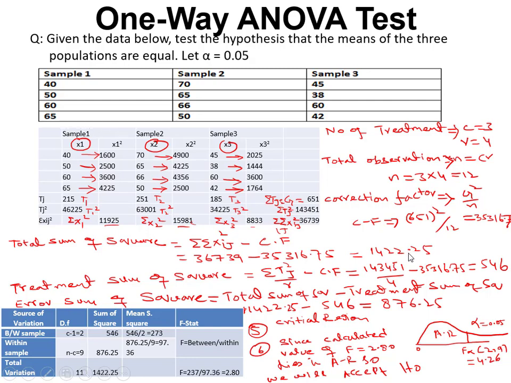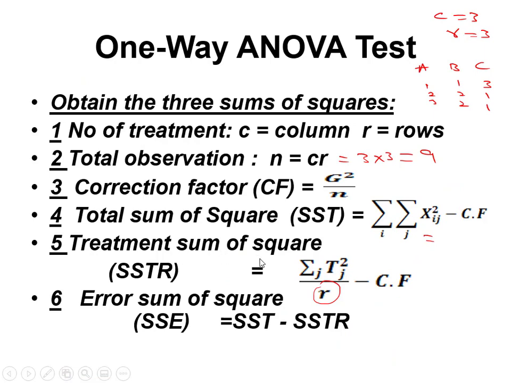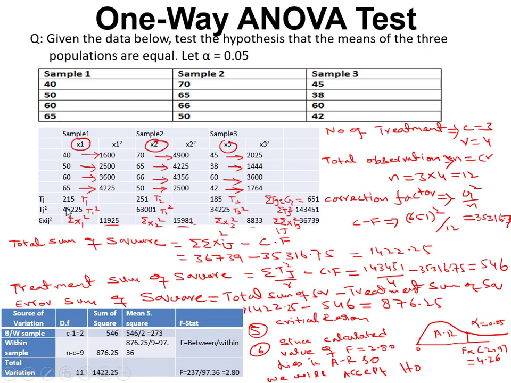Okay, when we collect this, the treatment sum of square is still remaining. The treatment sum of square is the summation of T square j. We have already calculated T1, T2, T3, but the formula uses T square. So now you need to take T1 square. What will be 215 square? It will be 46225. What will be the square of 251? It will be 63001. What will be the square of 185, T3 square? When you sum these T square, this plus this plus this, it will be the summation of T square j, mathematically written as the summation of Tj square.